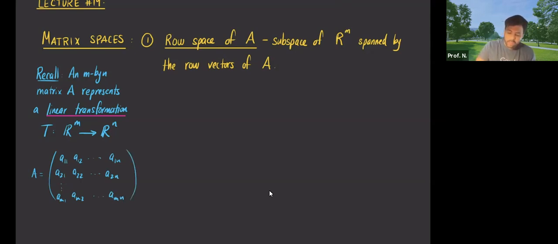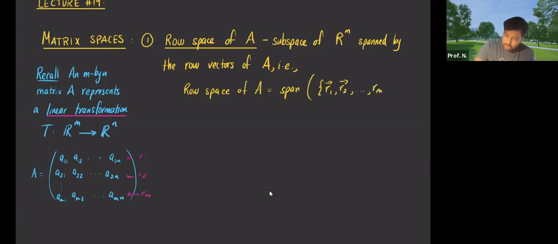And the idea is that row 1, row 2, all the way to row m, the row space, in other words, the row space of A is the span of the row vectors R1, R2, Rm.